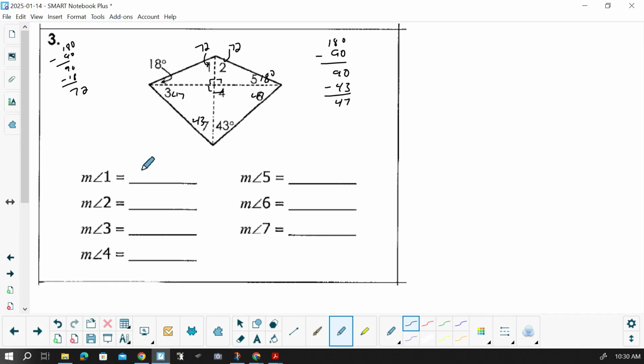So angle 1 was 72. Angle 2 was 72. Angle 3 was 47. Angle 4 was 90. Angle 5 was 18. Angle 6, 47. And angle 7 was 43.